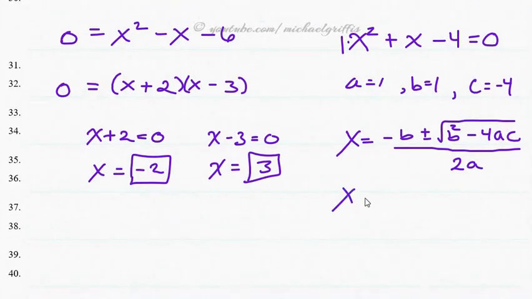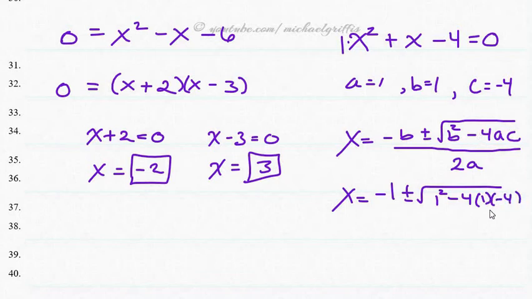So plugging everything in, we get negative 1, plus or minus the square root of 1 squared minus 4 times a, which is 1, and c is negative 4. So all over 2a, which is 1.